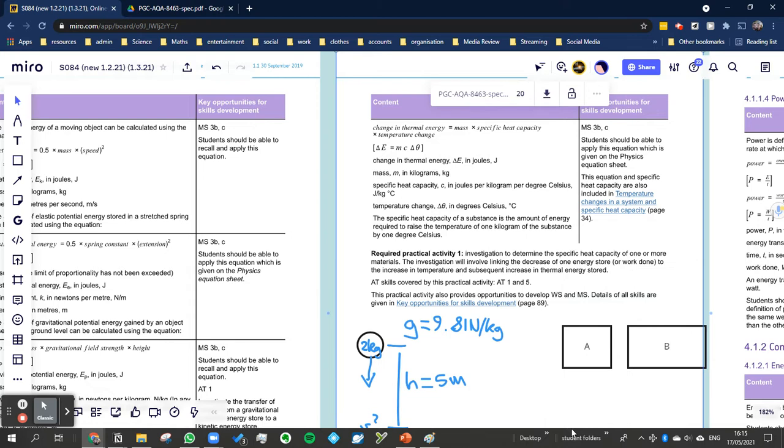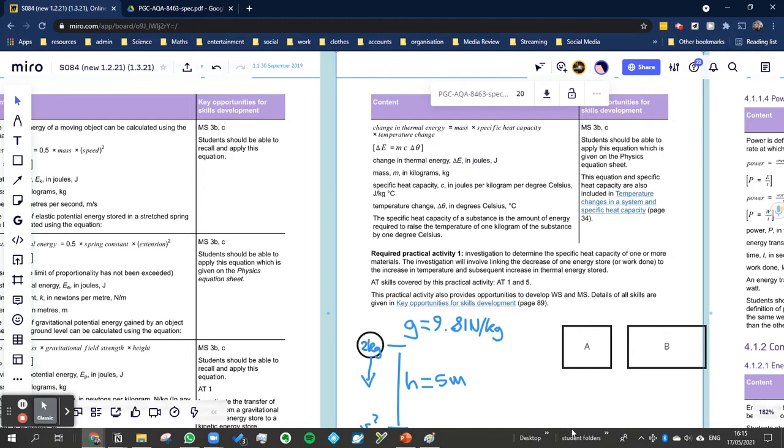If I gave both of these 100 joules of energy, clearly object A would get hotter than object B, because if they're the same material, object A is smaller, and so it's going to be easier to heat it up. So when I give it 100 joules of energy, it's going to get hotter more quickly with the same amount of energy.